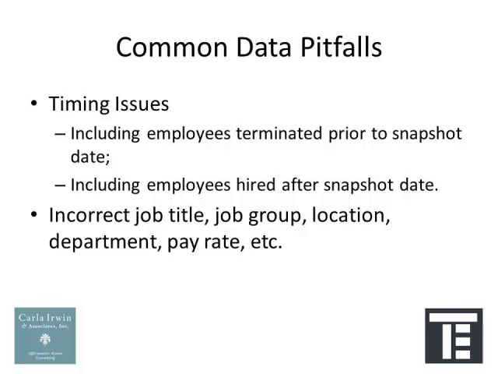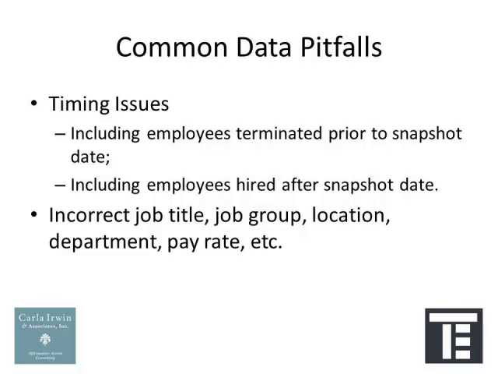Usually it's not too much of a problem unless you're going back to historically create a snapshot file. So if you want to take a snapshot, for instance, on December 31st, if you pull the data on December 31st, the incorrect job titles, job groups, etc., really won't be that much of a problem.